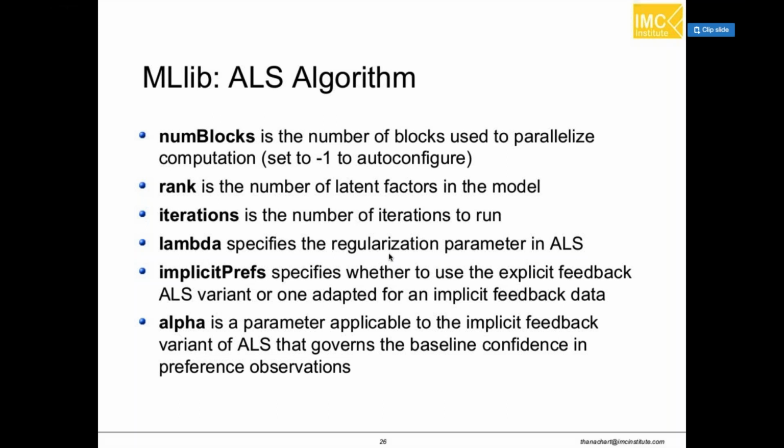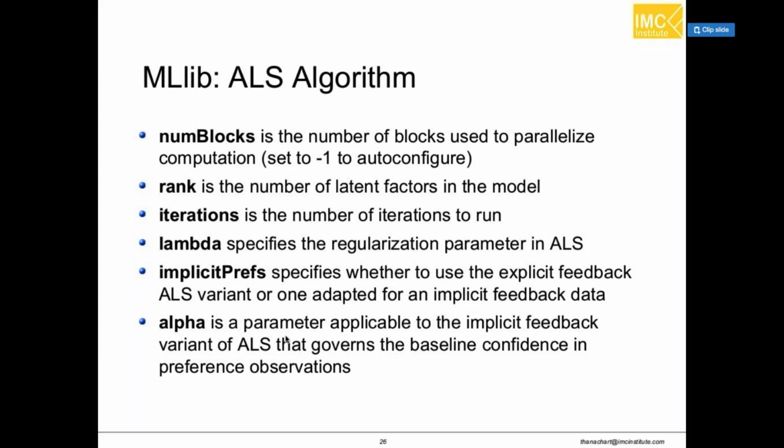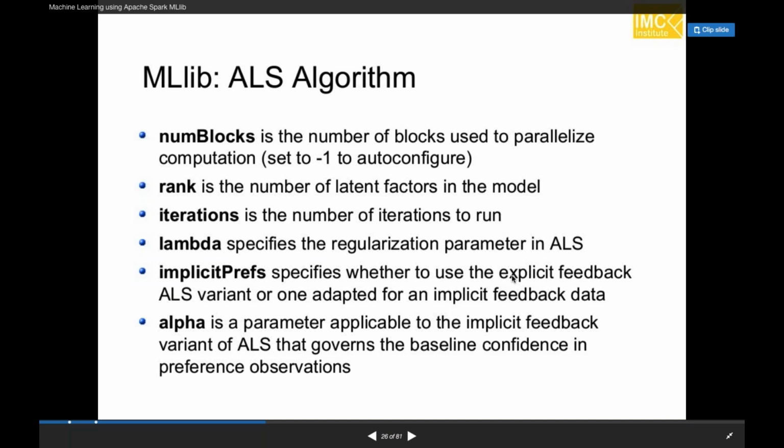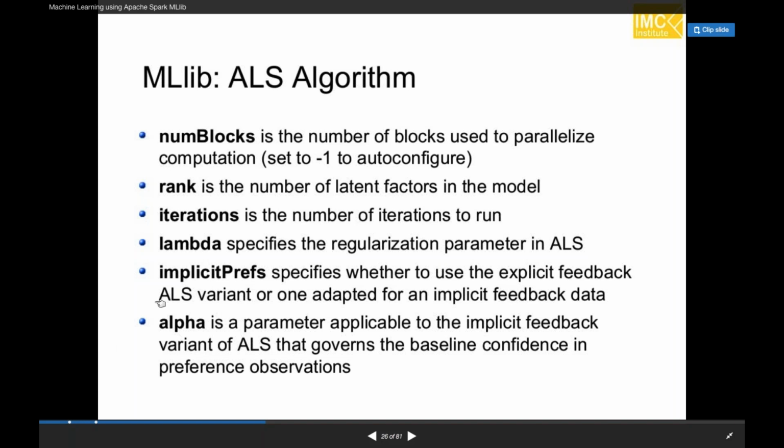Alpha is a parameter applicable to the implicit feedback variant of ALS and governs the baseline confidence in preference observations. Explicit is what you get directly; implicit is what you derive. If you are deriving, then you can use the alpha parameter. These are the few things you pass when you call the ALS method.